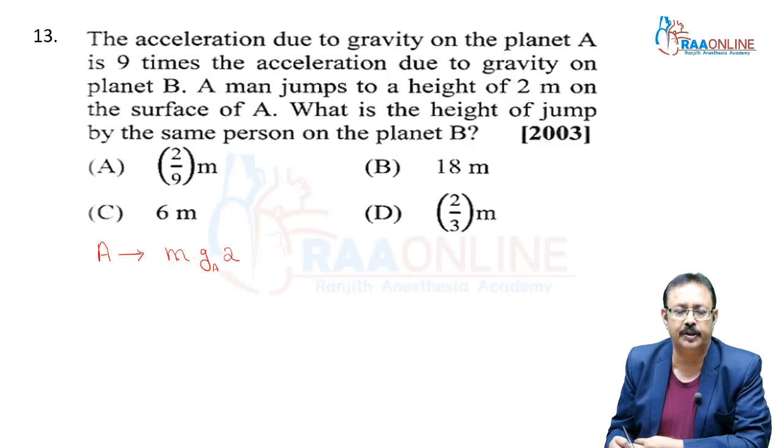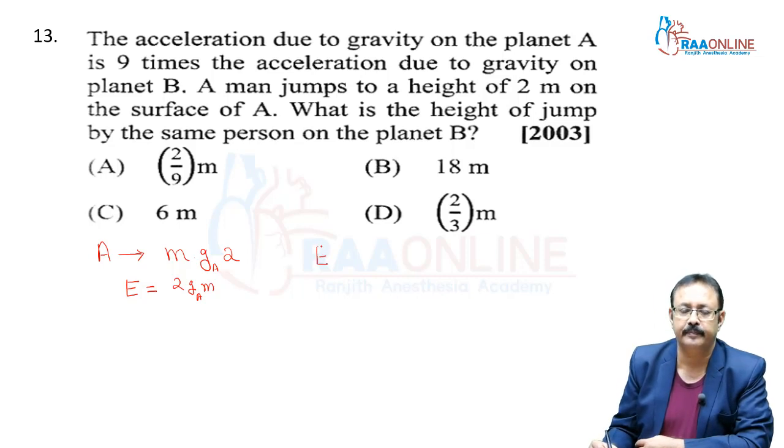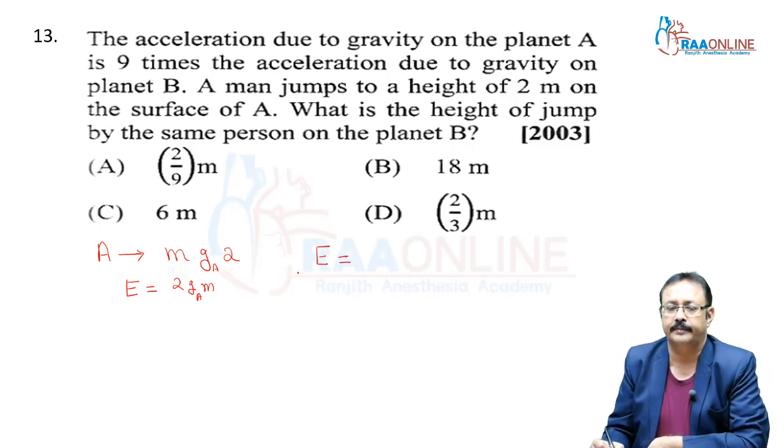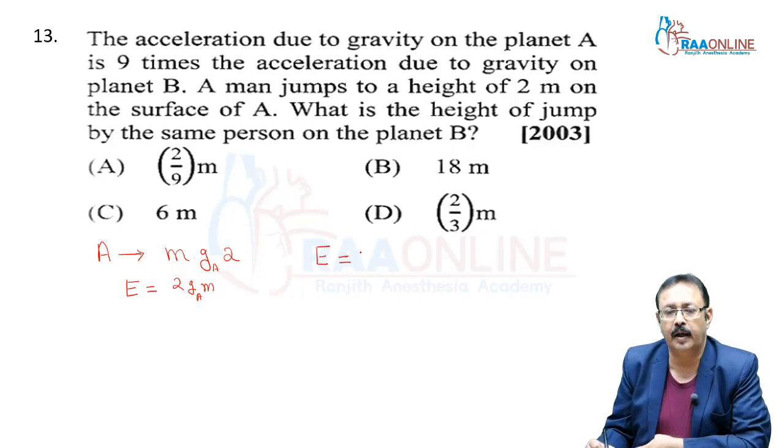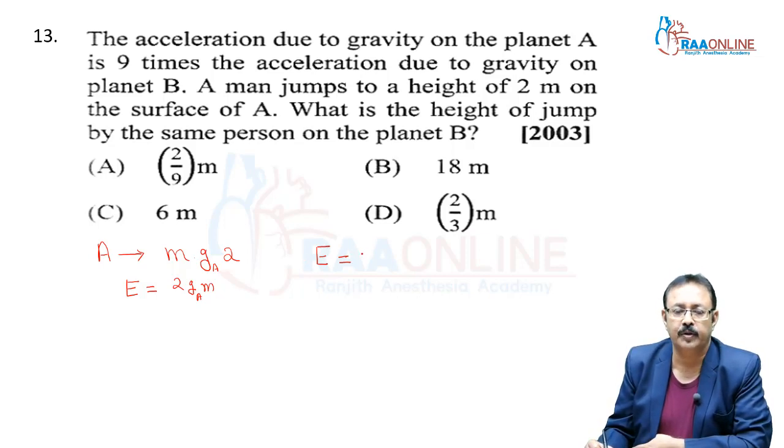So the energy used by you is m g_A times 2. Now the same energy you are using on the other planet, but you are the same person, so your mass is the same m, but the acceleration due to gravity on that planet is different, so you will go up to a different height h.